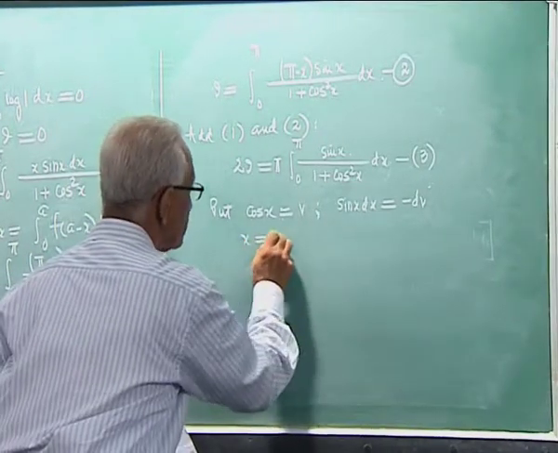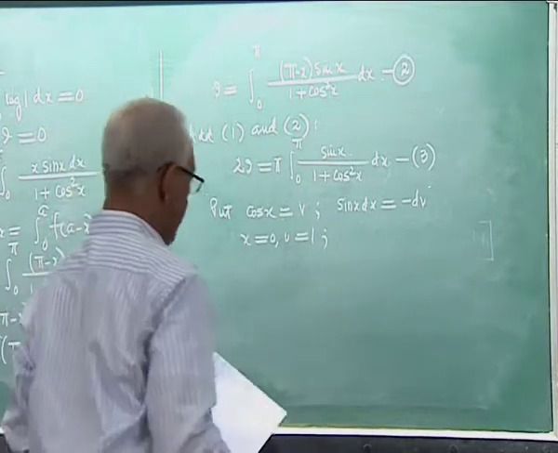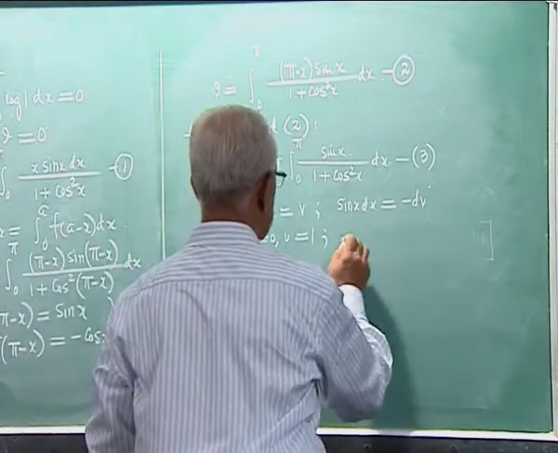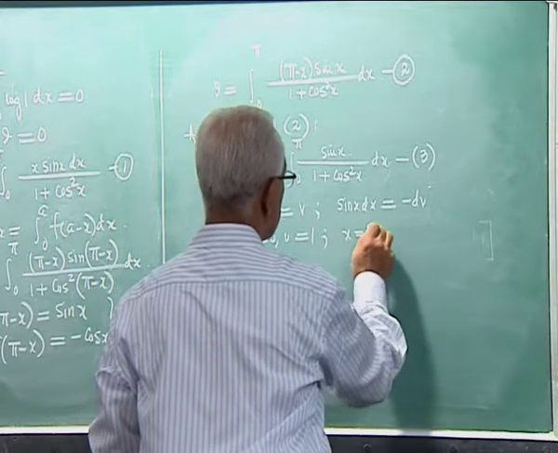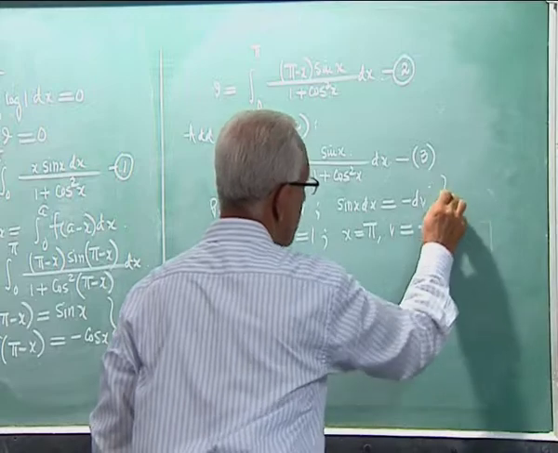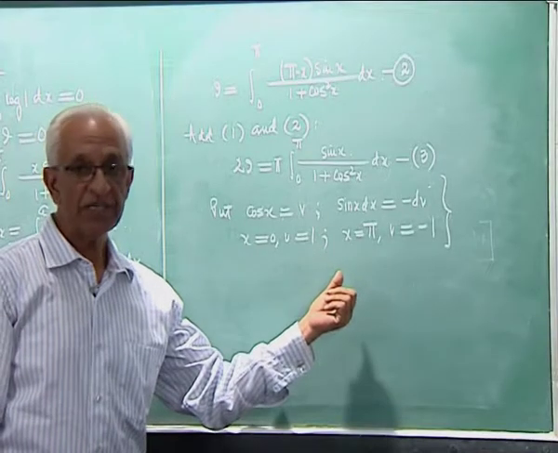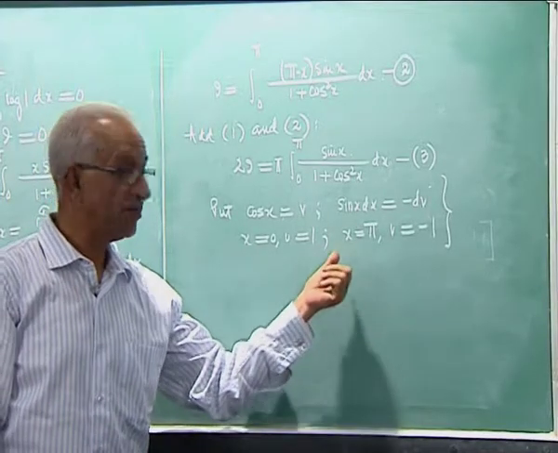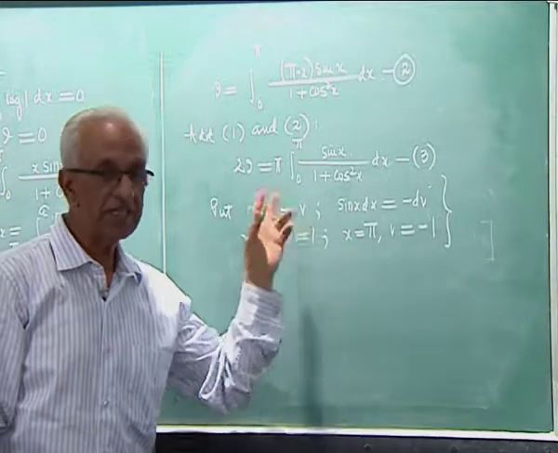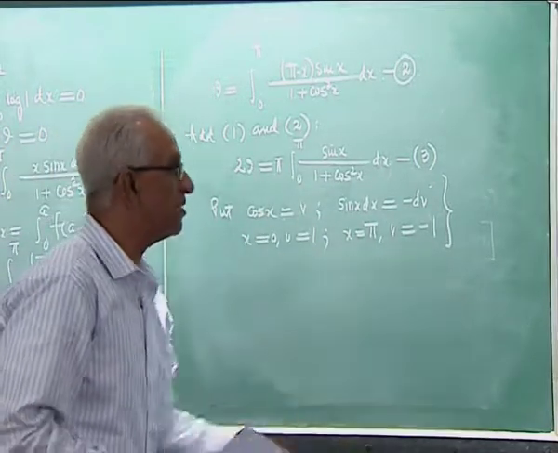If x is equal to 0, v is equal to 1, and if x is equal to pi, v is equal to minus 1. For advice, please refer to lecture 23 if I am not very confident about it, and you can see the table given for standard values. So cos of 180 is minus 1.